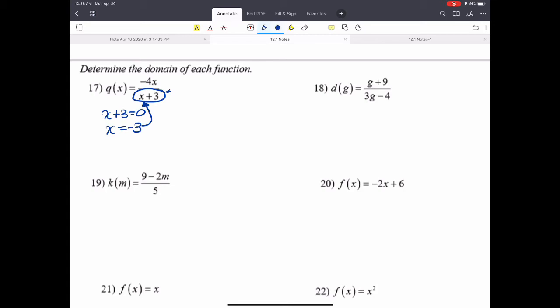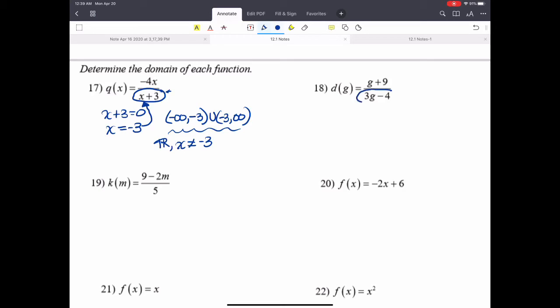So this one's going to be, you could say, the range of it is going to be negative infinity to negative 3, and then the union of negative 3 to positive infinity. Basically, that's a fancy schmancy way of saying that it's all real numbers except where x is not equal to -3.